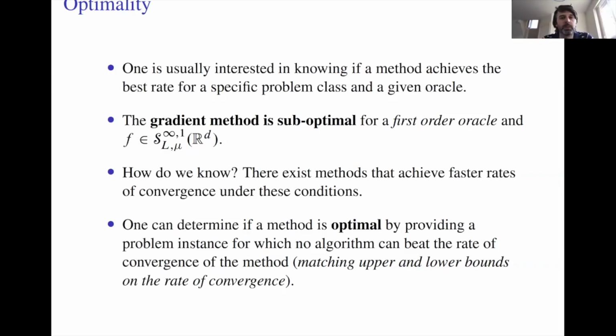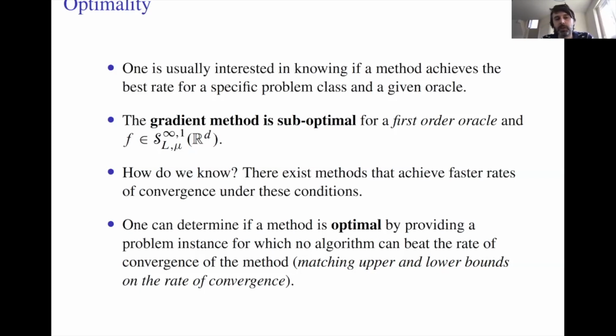There are other methods which also use only first order information, only a first order oracle, but achieve a faster rate of convergence. So you can quite easily verify if a method is suboptimal by finding another method that uses the same information, applied to the same problem, and achieves a better approximation of your minimum.